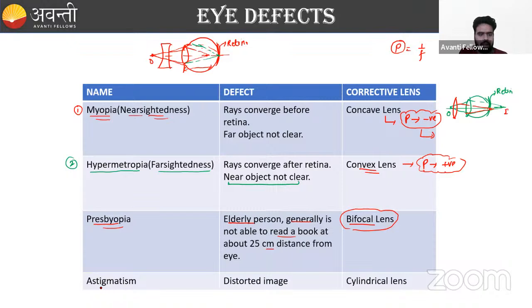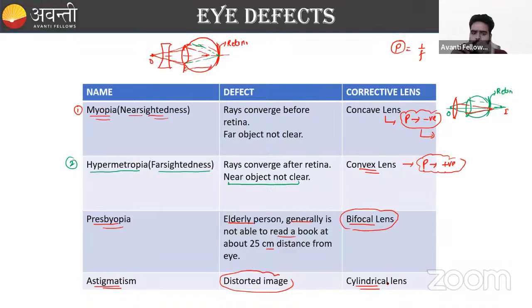The next one is astigmatism. What happens in astigmatism? The image is not clear; a distorted image is formed. This defect is known as astigmatism. And the remedy for this type of defect is to use a cylindrical lens.